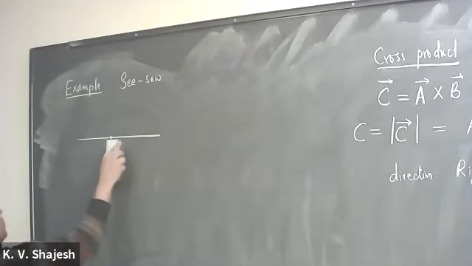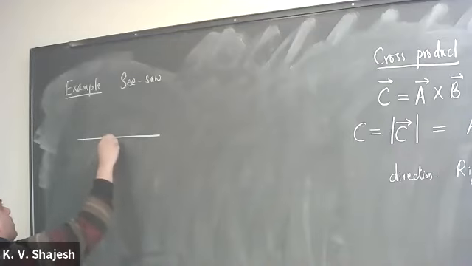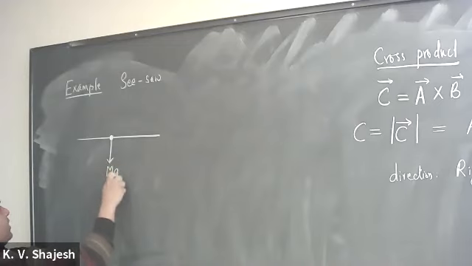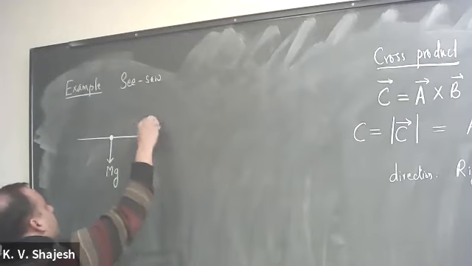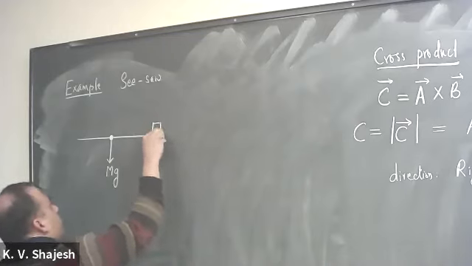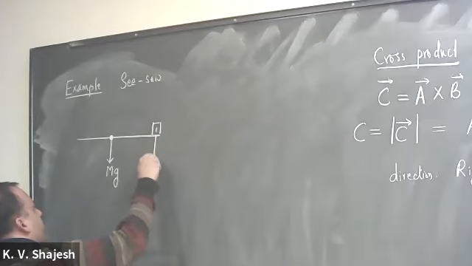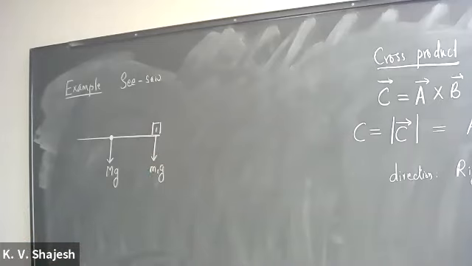Let me remove the fulcrum from there so that I can draw the forces. That's your center of mass, and the mass of the plank acts down at this point. So that's the mass of the plank. Let's call it capital M, and that's Mg. Let's say there is a kid who sits on the extreme end of the plank, and there is a gravitational force m1g acting on this kid.